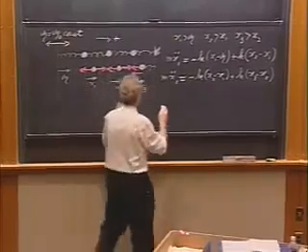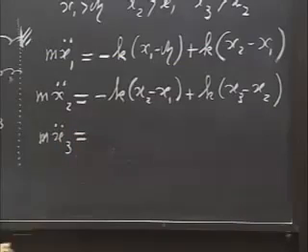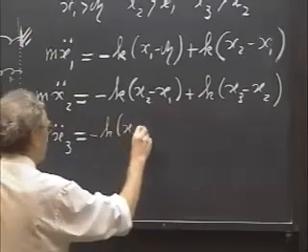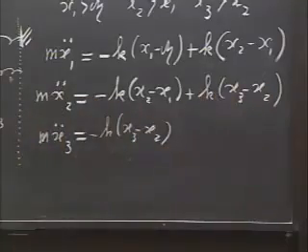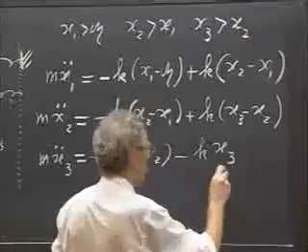And so we get for the third object, m x3 double dot equals minus k times x3 minus x2, which is this term, it switches signs, and then in addition I get minus k times x3.